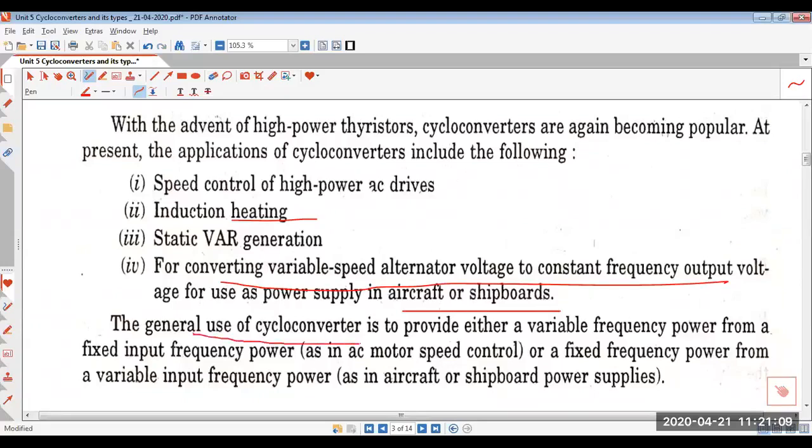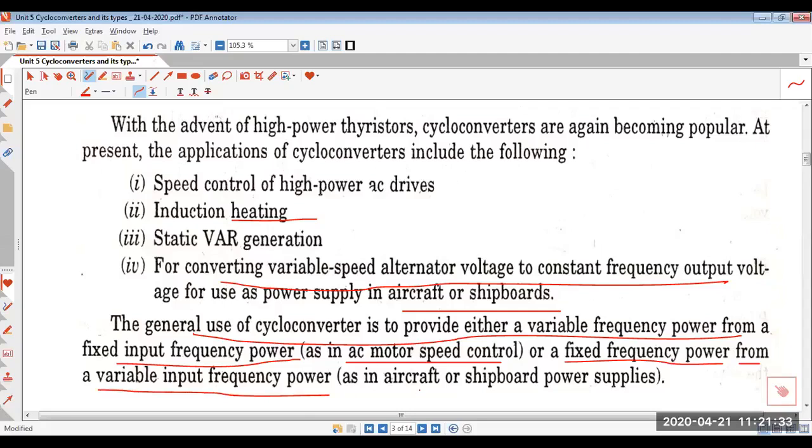The general use of a cycloconverter is to provide either variable frequency power from a fixed input frequency power. So that means it is converting a fixed frequency signal into a variable frequency signal, right? That can be used in AC motor speed control, or fixed frequency power from a variable input frequency power.